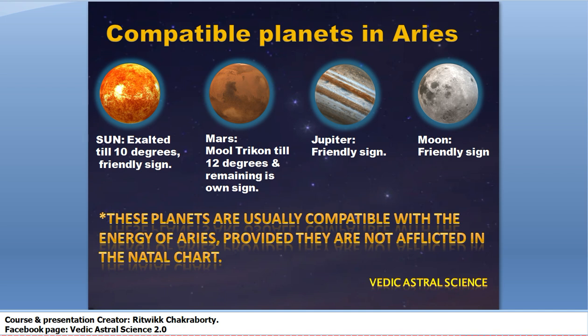So a planet may be compatible in certain sign, but if it is afflicted by other malefics, which can afflict a planet by means of aspect or conjunction. So let's say if a planet which is compatible in Aries is conjunct or aspected by the nodes or Rahu Ketu, then they will fail to deliver the expected good results.